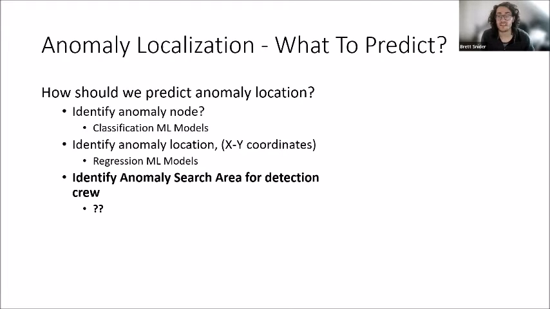If the event isn't occurring directly at the location predicted by the models, the crews are often left to search the nearby area without any specific guidance from the model. Therefore, it's very important that instead of just predicting an exact location, we predict a general search area for the crews that can identify the event with much higher probability, reducing the search area for the utility.